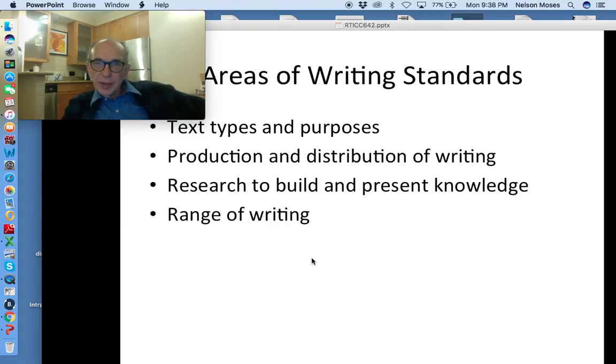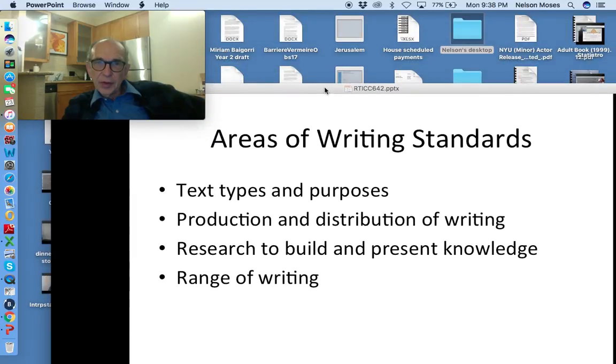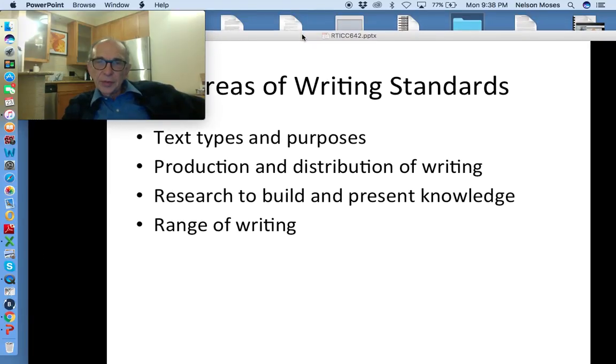In writing standards across the grades, kids learn about text types and purposes. And that means things like some texts or books are explanatory in nature, like math textbooks or speech-language pathology textbooks.